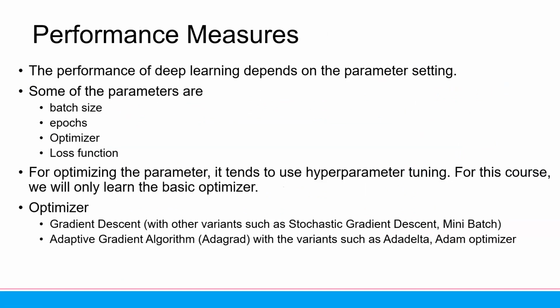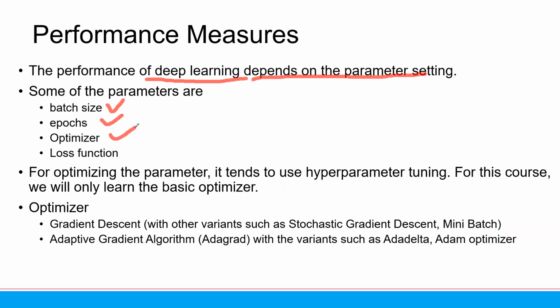Yeah, that's the introduction of deep learning. So the last part in deep learning, I want to explain about the performance measures. How we can measure the performance of deep learning. The performance of deep learning depends on the parameter setting. Last time we learned about the batch size, and then we learned about the epochs.